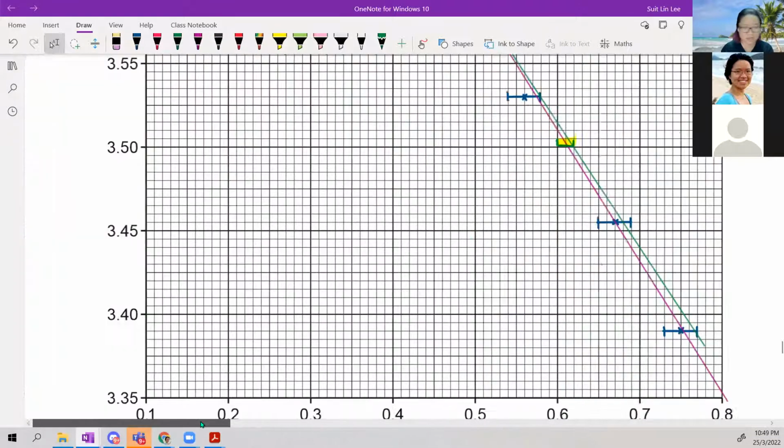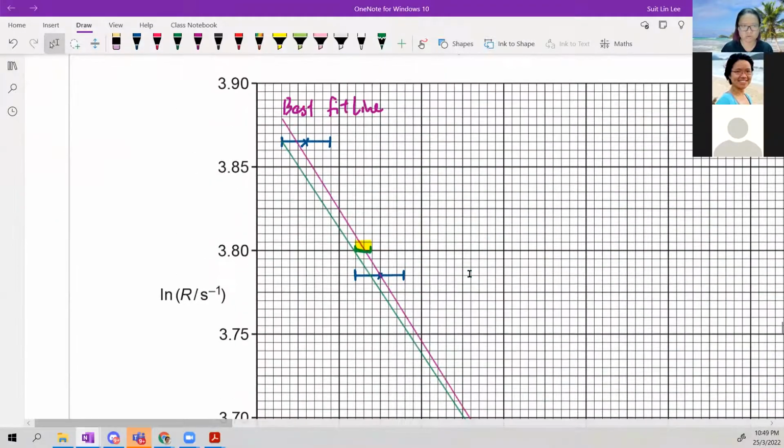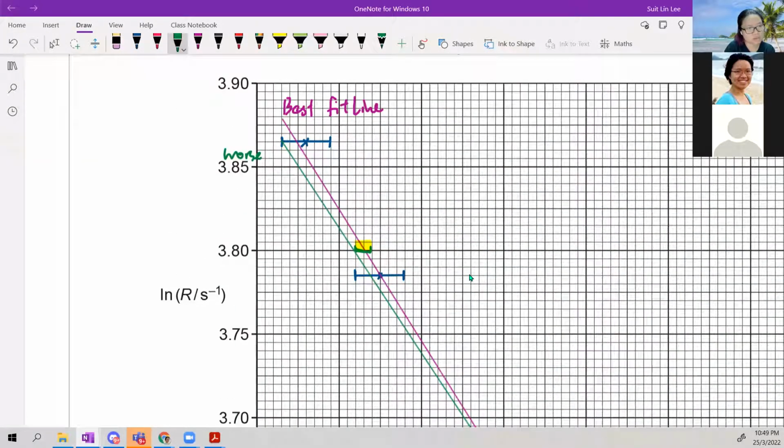Or if you're scared the examiner's eye didn't go there, they should actually look at both places, I will label up here. Worst fit line, right beside the line. Don't label in the middle lah. In the middle, you cannot even tell which line is which because they are too closely touching. Okay.